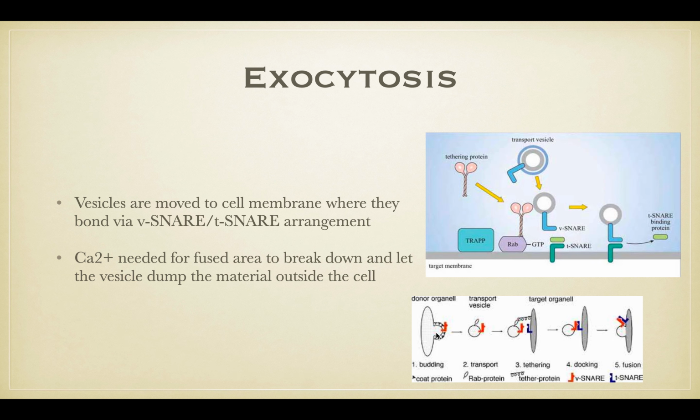So whatever SNARE protein this is going to bud off of an organelle, get attached to a transport vesicle, and then it's going to go and tether using a tether protein to a target organelle. Then it will dock, and then it's going to use the calcium in order for it to fuse and then release the products in.